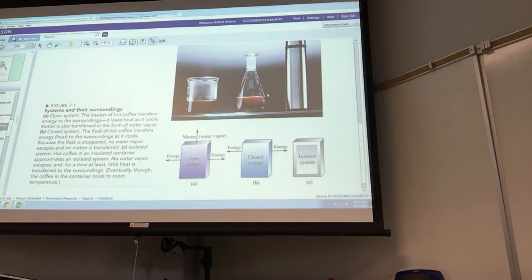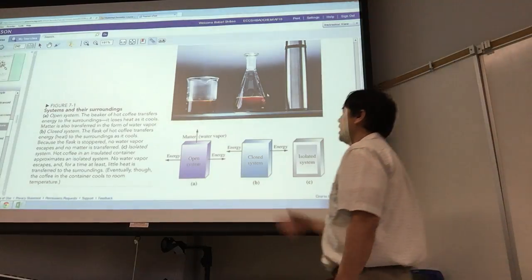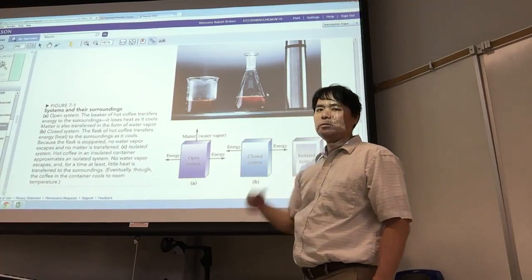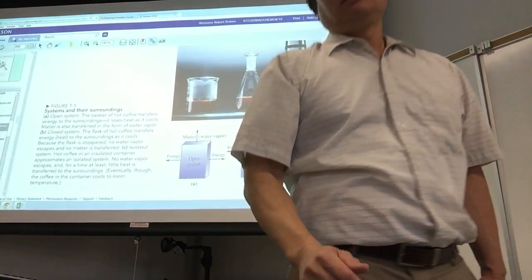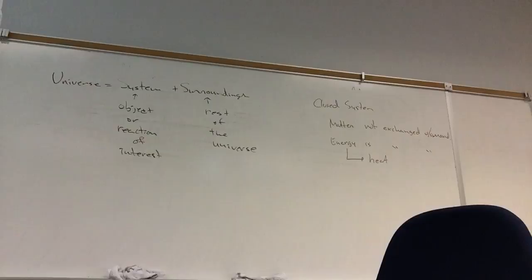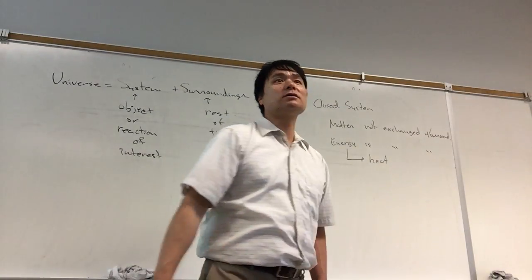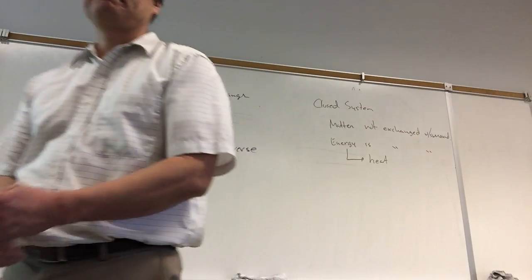Heat, for example: if our system's hot, hot just means it has a lot of kinetic energy. You touch a hot object, the atoms or molecules are moving fast. If it's hot, then some of that kinetic energy can be transferred to the surroundings and warm up the surroundings.